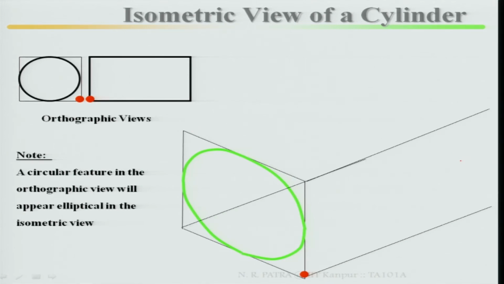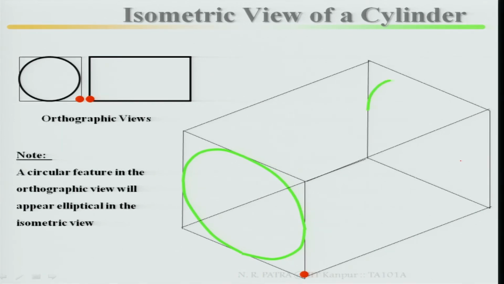Then once you get the front surface of the ellipse, you can continue to the back side in the depth direction, there is no problem. There are two ways. Either you take it point by point. In the depth direction this distance is fixed, from there you can draw parallel lines, and where these points are marked, you mark them. Then taking the points, you draw an arc, taking this as tangent and this as tangent, this can be done.